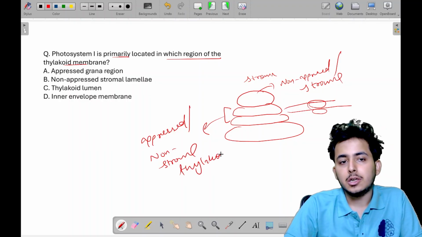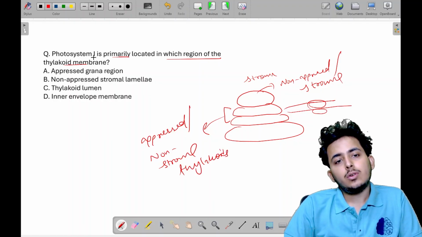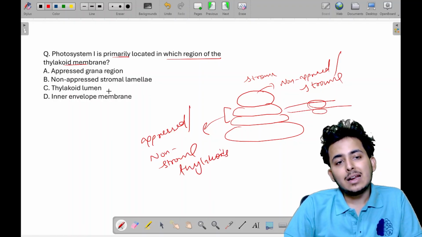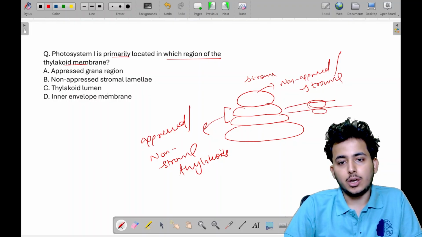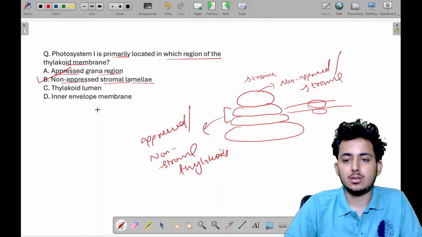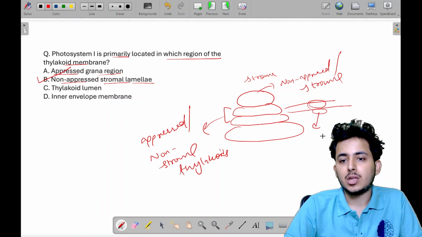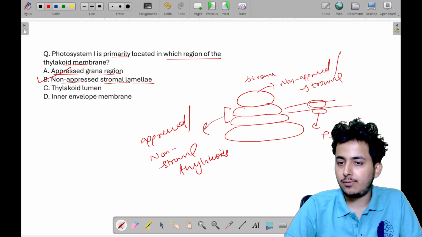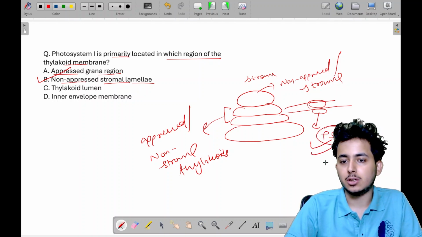So basically photosystem 1 is primarily present in which kind of thylakoids? Are they present in appressed granar region or non-appressed stromal lamellae? This is the correct answer, because in the stromal thylakoids you have primarily the PS1.